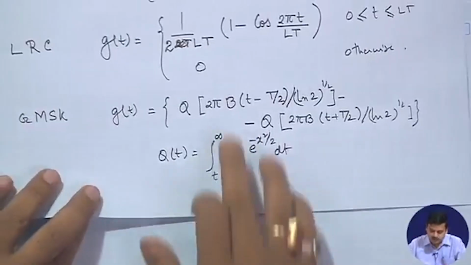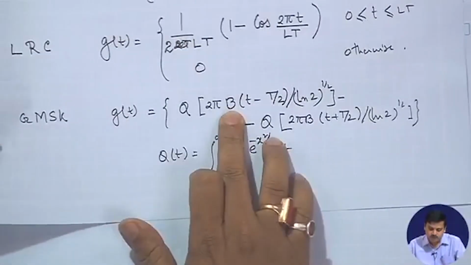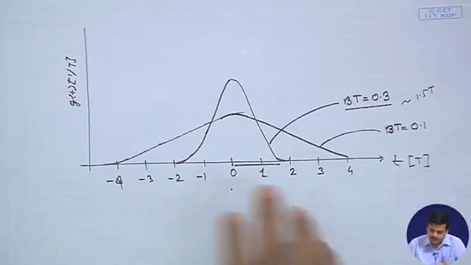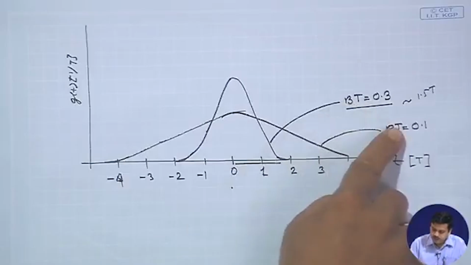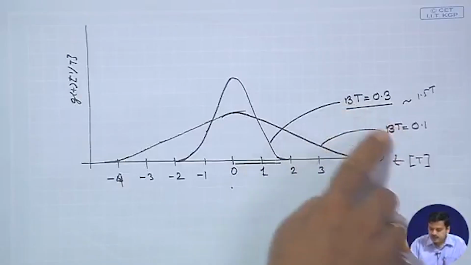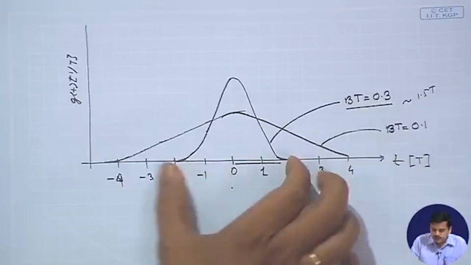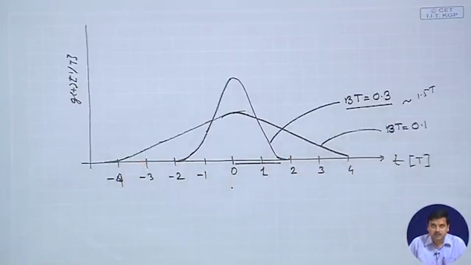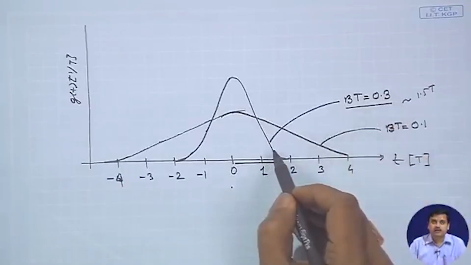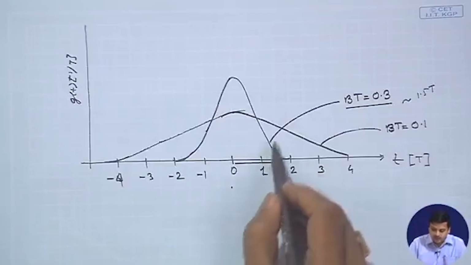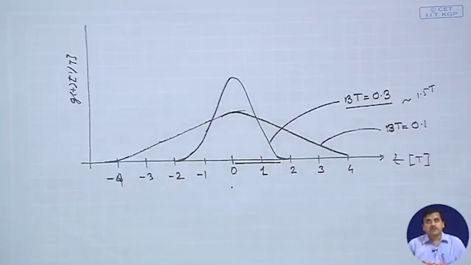One particular example we took has a bandwidth factor associated, and we said that if you look at the graphs, if I keep T constant, as I change the bandwidth factor there is an opposite influence on the pulse duration, where one particular value of BT, that is 0.3, is used in practical communication systems.